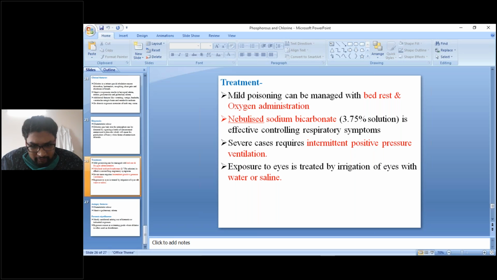And if the eyes or mouth are exposed, irrigation with water or saline is required. So nothing very specific: only bed rest, oxygenation, and nebulization with sodium bicarbonate solution to control respiratory symptoms.